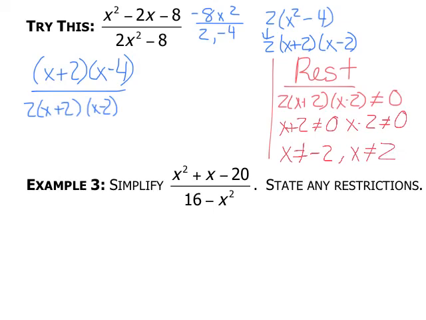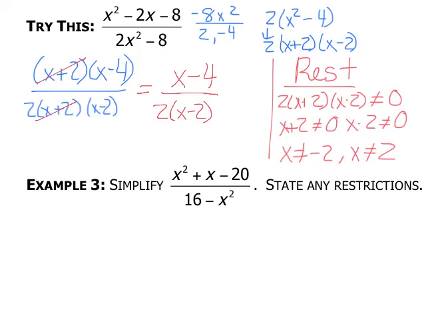Now I can go ahead and simplify and finish out my problem. So again, I see a whole piece of x plus 2 on top and bottom, so I can go ahead and take those out. So x plus 2 and x plus 2 is gone. And then I am left with x minus 4 over 2 and x minus 2.